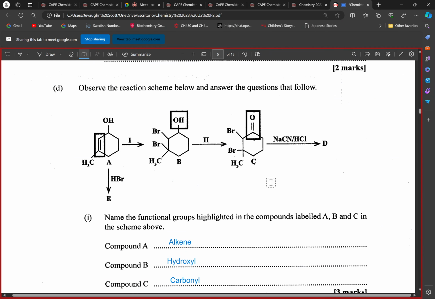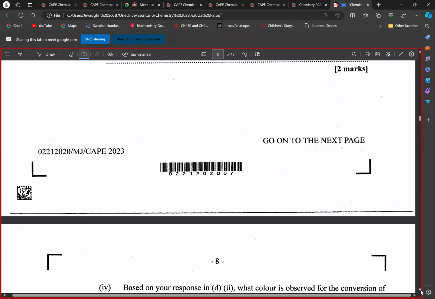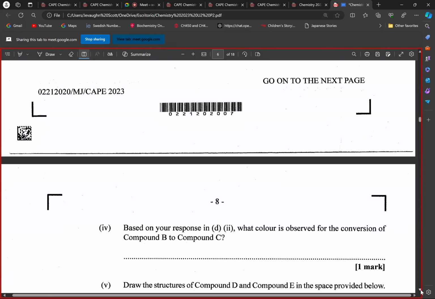Purple to colorless. Lovely. Hopefully everybody else is understanding what's happening, because one person is just saying everything. It's not pink. Purple to colorless. Alright, we're just moving through then.